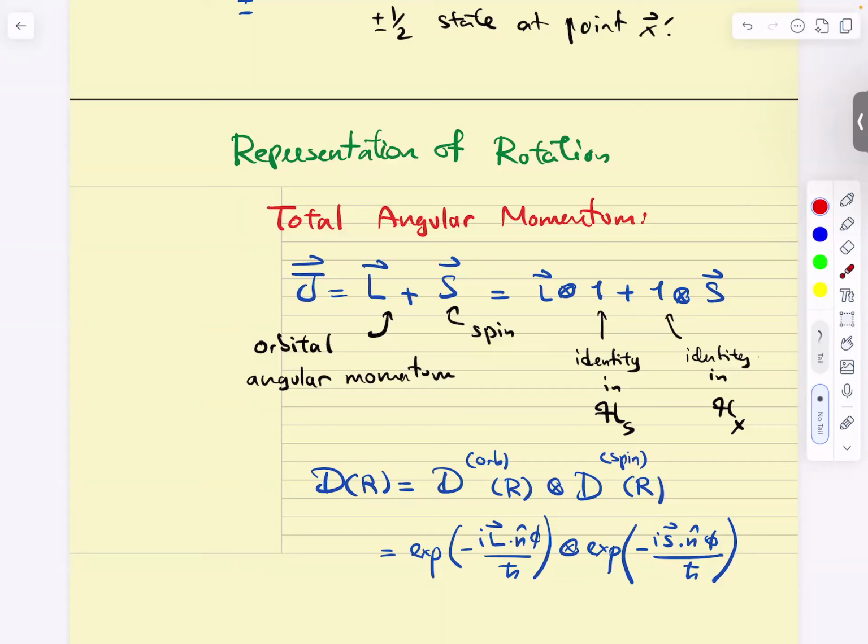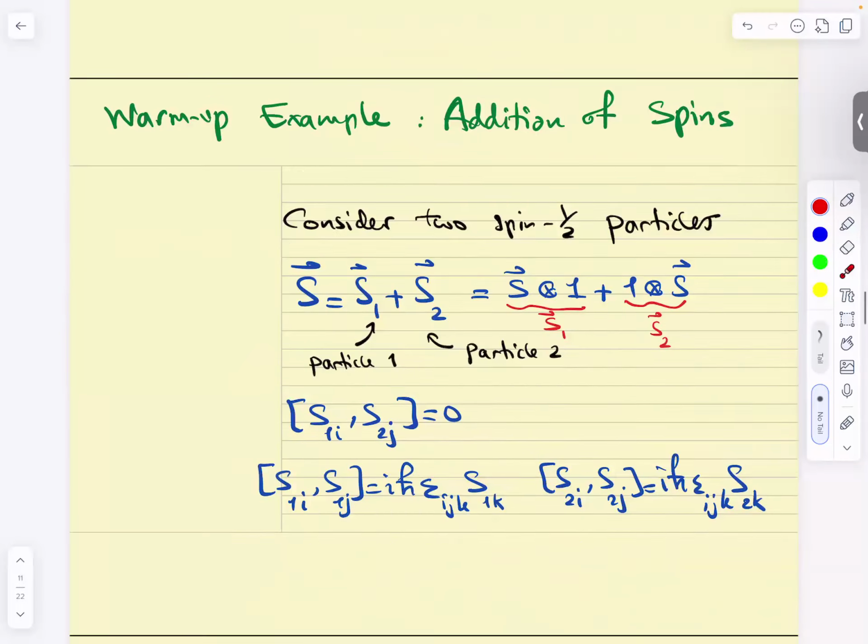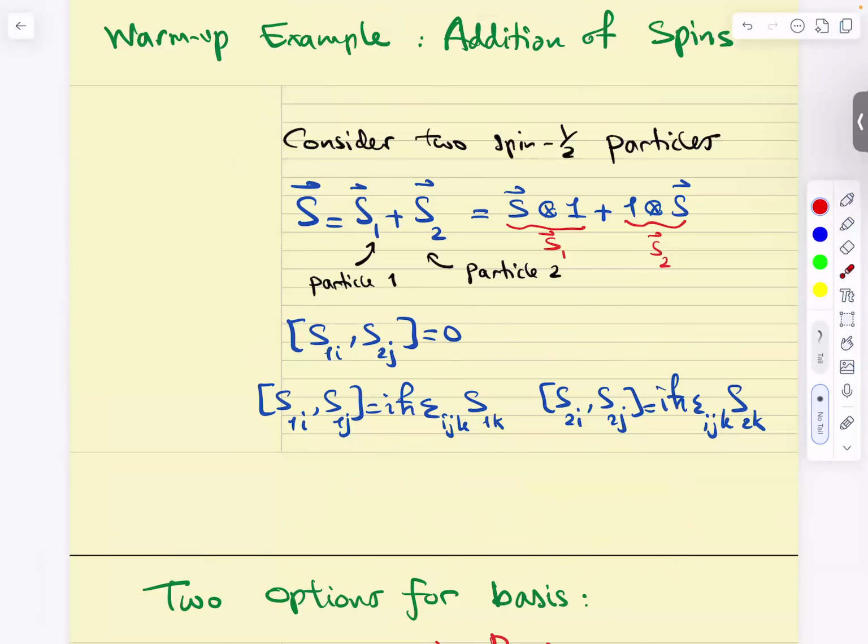A physical example of that would be a setup where you have two spin half particles. Here's spin half particle 1, spin half particle 2. There is the S vector of this one, and the S vector of that one. If you recall, we had this composite system axiom or assumption in quantum mechanics that the Hilbert space is the tensor product of them.